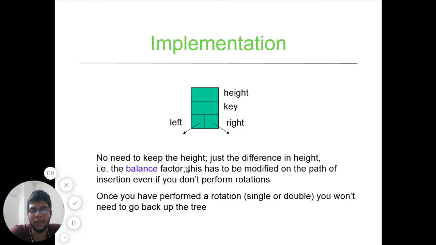Yes. So you realize that height can be order log n in an AVL tree. So if a tree has n nodes, the height field has to store values up to order log n. So it will require log of log n bits.